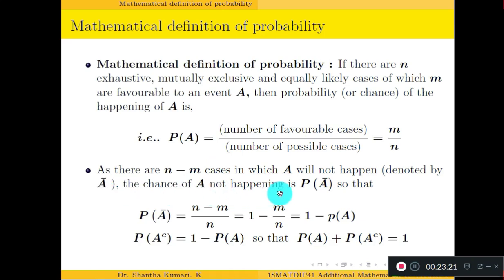Then chance of not happening of event A, that means chance of A complement, is given by n minus m by n. For A, m are favorable cases. For A complement, n minus m are favorable cases, divided by total cases, which are the same in both cases, n, which is 1 minus m by n.